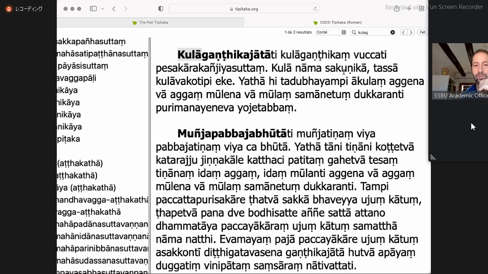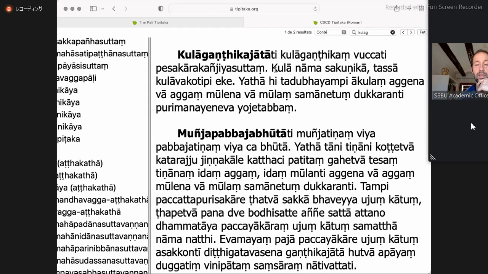Kula nama sakunika. So that's a kind of bird. Tassa kulavakoti piyeke. So some say that it's not the verb, but this kind. And then yathahi tadvayampi akulam agyenava aggamulenava mulam samanetum dukkaram iti purimanayena eva yojetabbam.